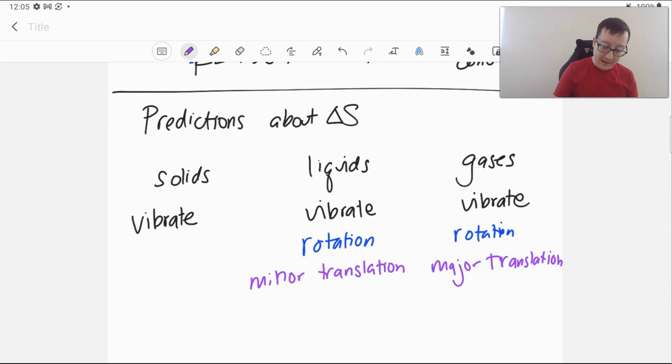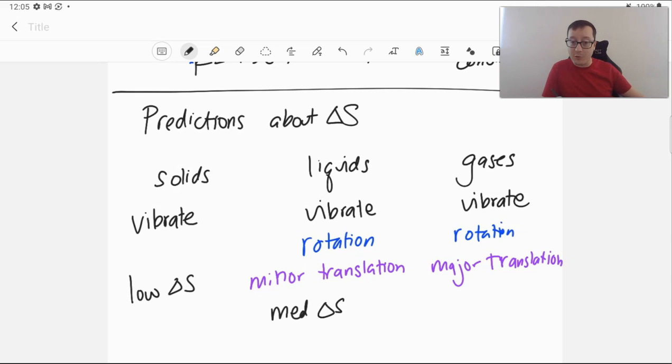So we see here that in terms of motion types, solids have very limited ability to move. And so we generally have low entropy for a solid. We have medium entropy for liquids because they can rotate and move past each other. But gases are where we see a very high entropy because gases have the ability to zip around all over the place.